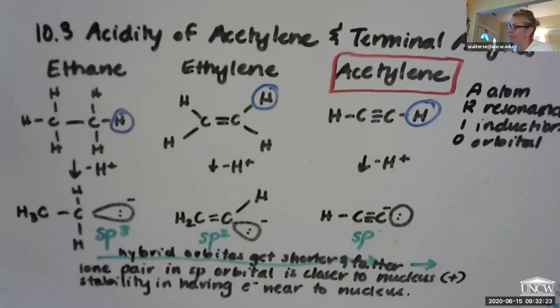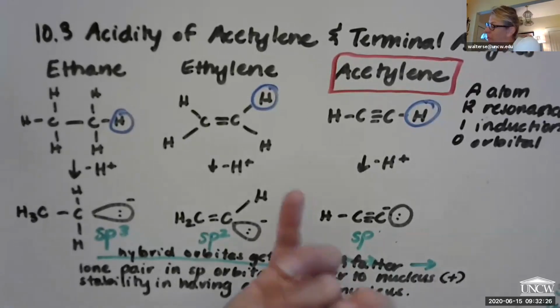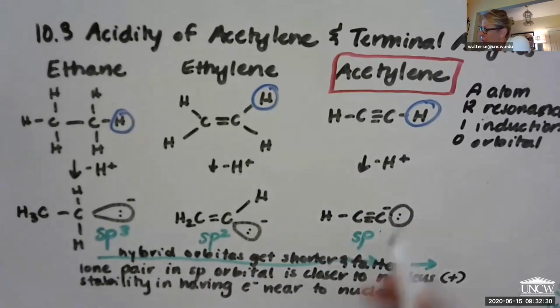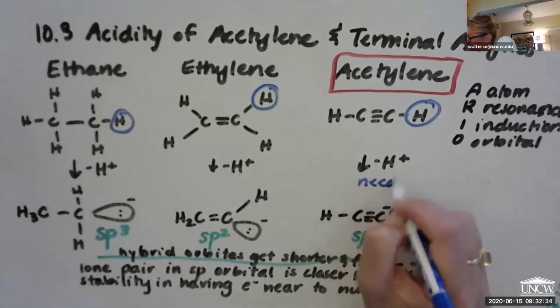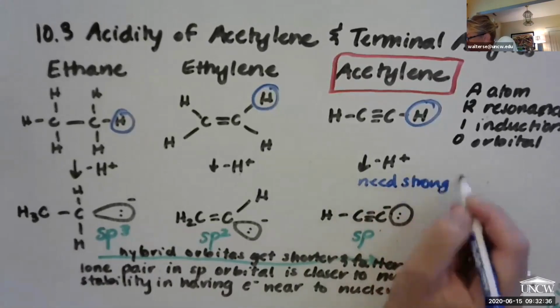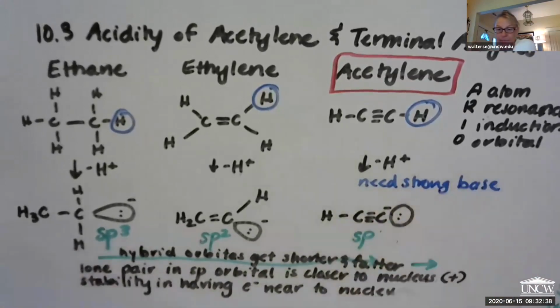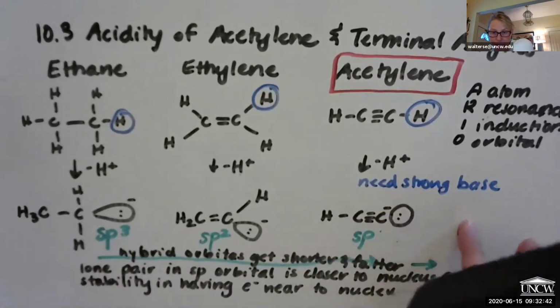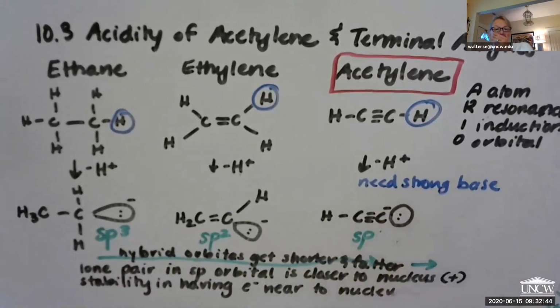If you remember from the reaction that you wrote to show this deprotonation, you need a strong base. We're going to look at the reactions that are possible for the deprotonation.